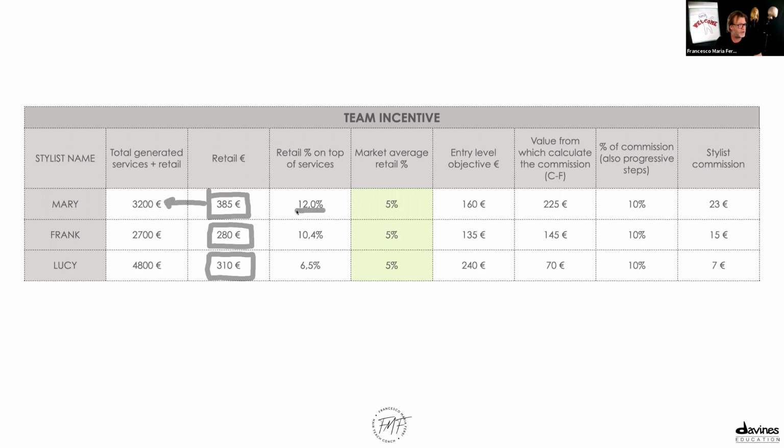What we get is 12%. In this case we have 10.4, 10.4, and in this case we have 6.5. Now, which is good or not? Again, guys, I'm not pretending to say it's good or not. It's simply an example to create debate.